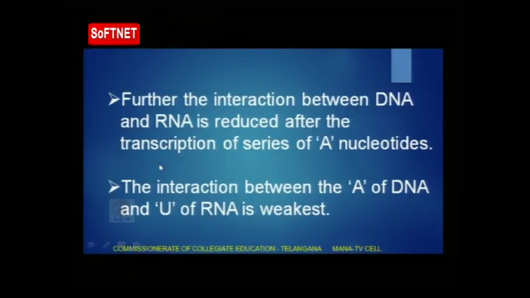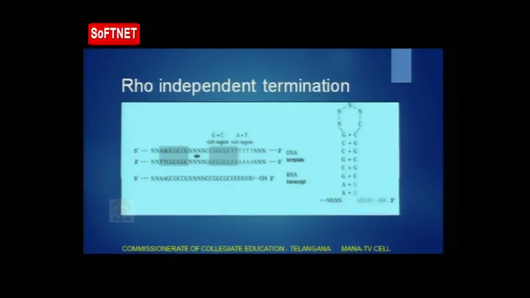And not only the hairpin loop formation, because of the transcription of the adenines of DNA, the interaction between the adenine and uracil molecules is very weak, and finally the RNA polymerase will dissociate from the DNA molecule by halting the transcription process. So this is an inverted palindrome sequence.